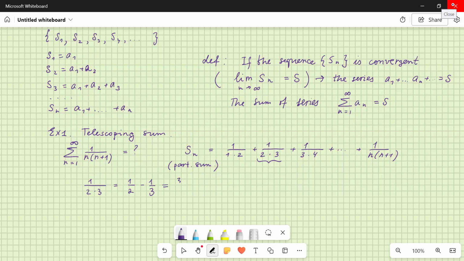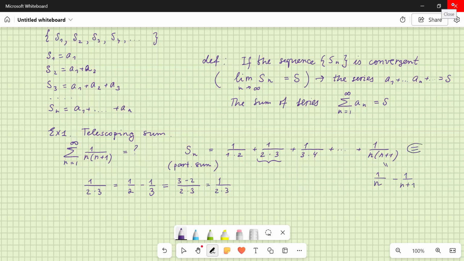If we bring it to a common denominator, we get 3 minus 2 over 2 multiplied by 3, which is exactly 1 over 2 multiplied by 3. So we can represent this fraction like this. In general, this fraction we can represent as 1 over n minus 1 over n plus 1. If you bring it to a common denominator and simplify it, you get 1 over n times n plus 1.